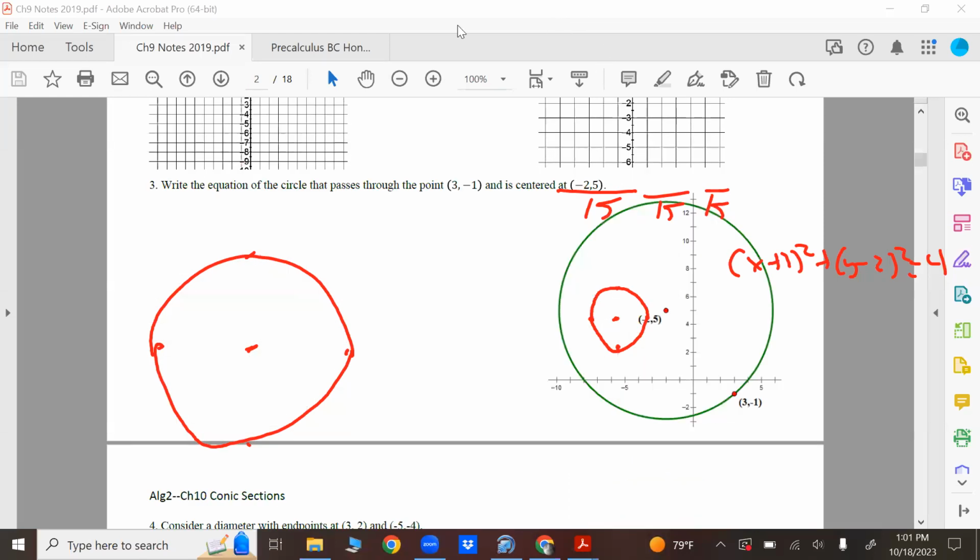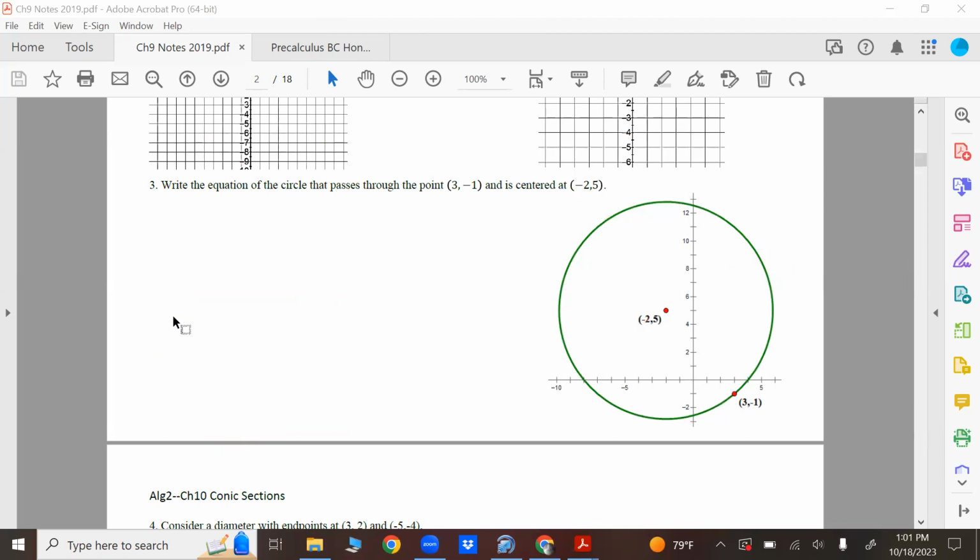Write the equation of the circle, given the point it passes through and the center. Not hard at all. Right off the bat, let's get the radius. What do you guys get for your radius? Root 61?